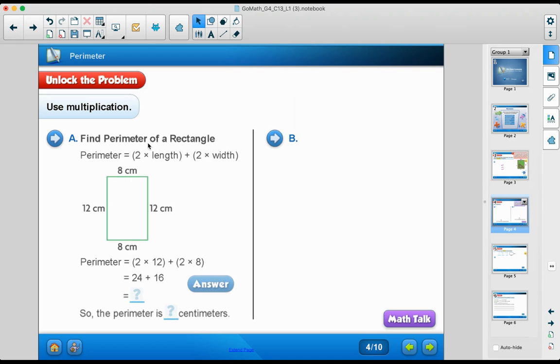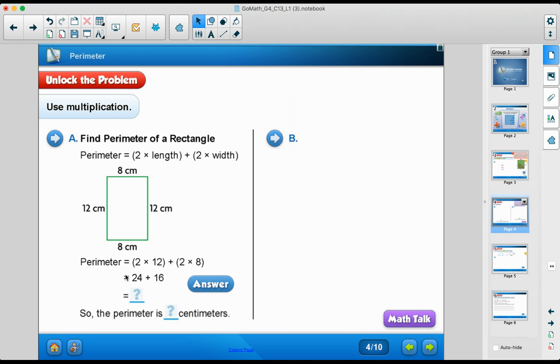We can use multiplication also to find the perimeter of a rectangle. The formula is perimeter equals 2 times the length plus 2 times the width. So the perimeter of this rectangle is 2 times the length, which is 2 times 12, plus 2 times the width, which is 2 times 8.